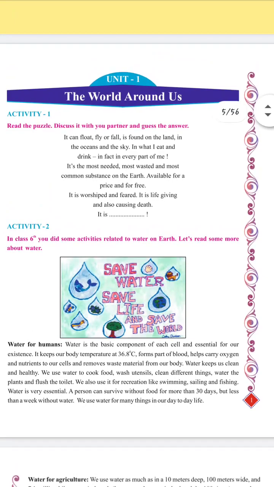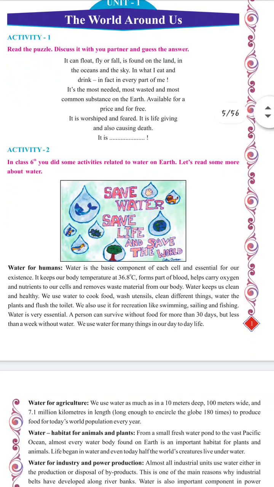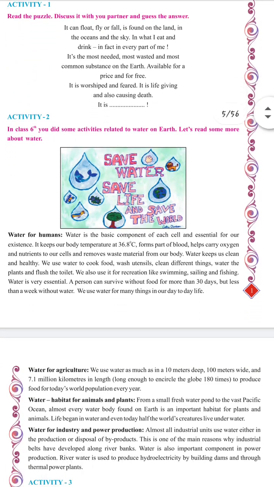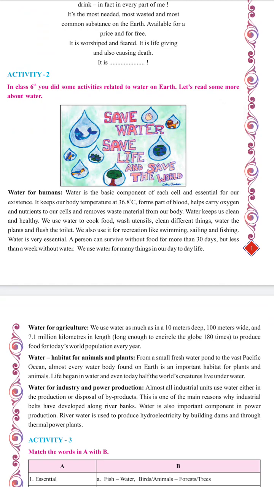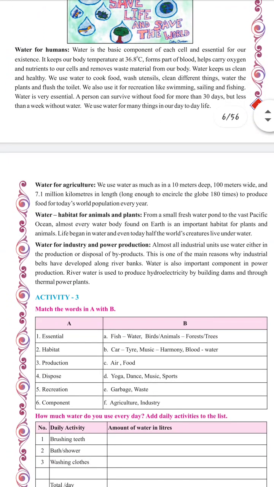Now, when we have started the first unit, The World Around Us, we have completed activity number 1, which was related to a puzzle. Activity number 2 gave us knowledge about water, which is required for humans, agriculture, the habitat for animals and plants, and for industry and power production.